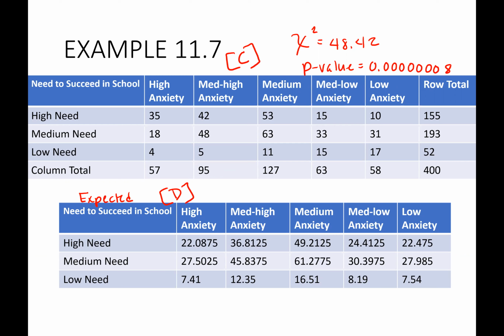That's very small. It's essentially 0. So the probability of these things not being related to each other is 0. They are related. One is related to the other. And that is the end of chapter 11. Are there any questions?